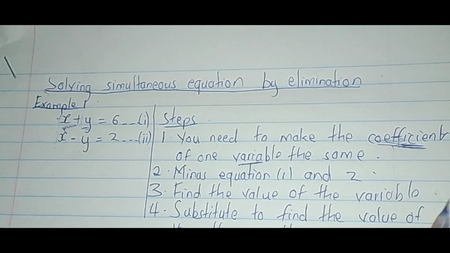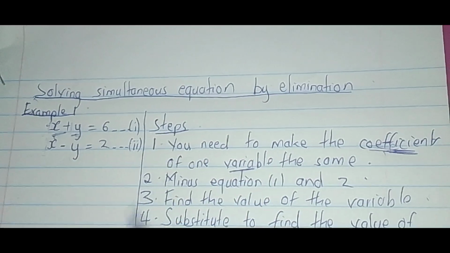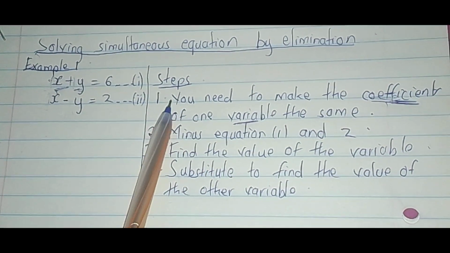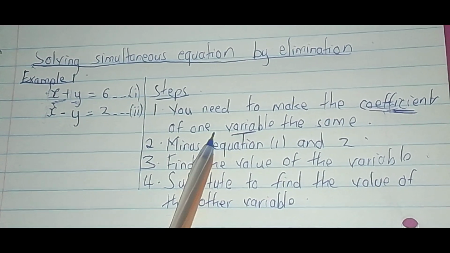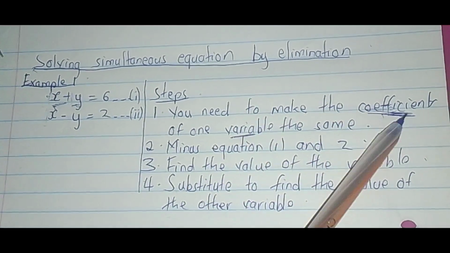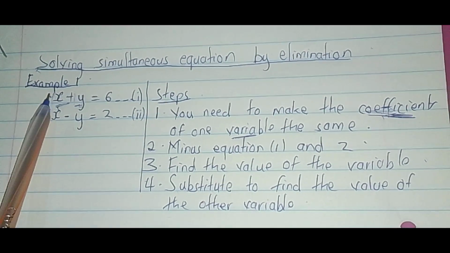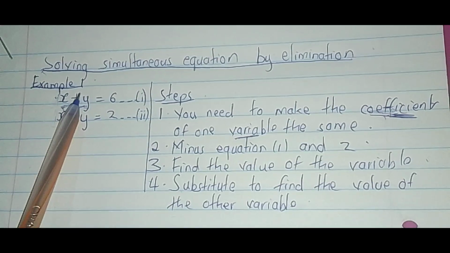I've highlighted here the steps you need to follow in order to make your solving easier. For step 1, you need to make the coefficients of one variable the same. As per our first equation, the coefficient of x is 1, the coefficient of y is 1.